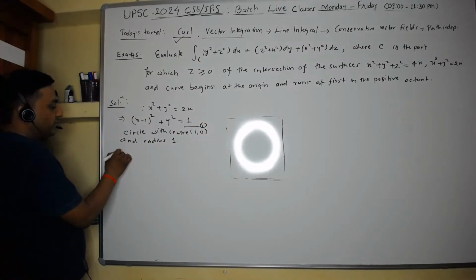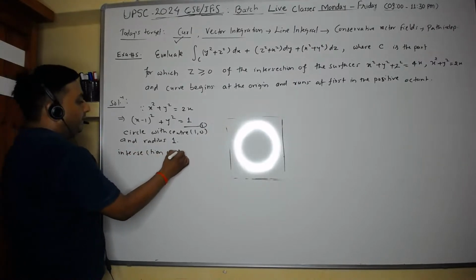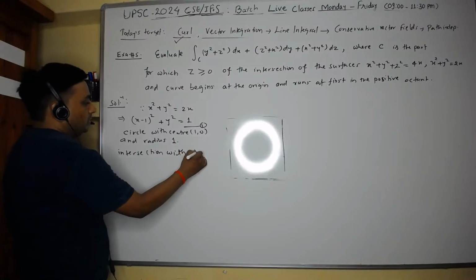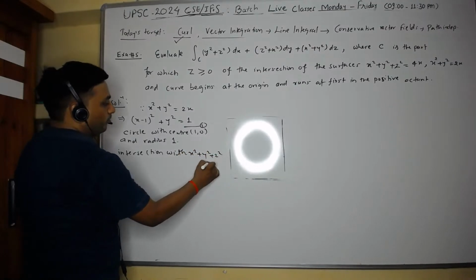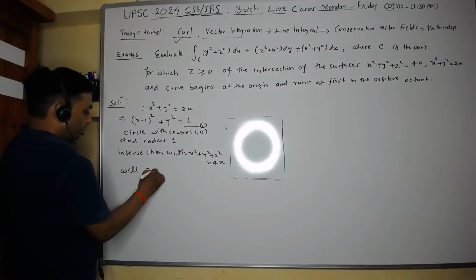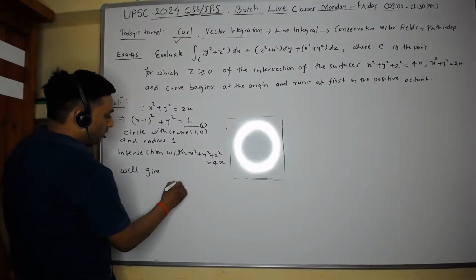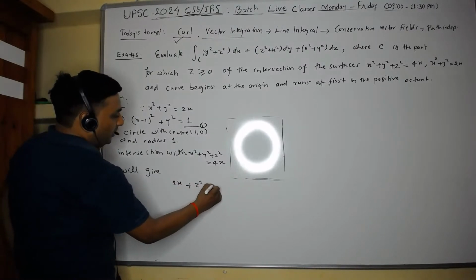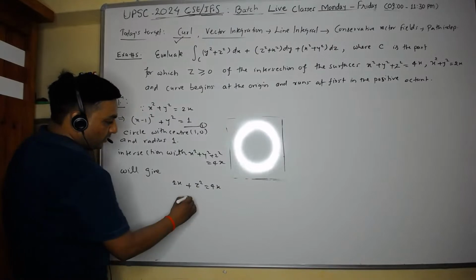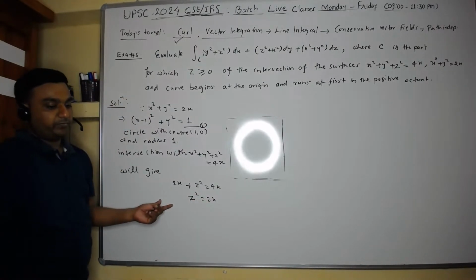Intersection with the second curve, you will get, since x square plus y square is 2x, 2x plus z square equals 4x, so this gives z square equals 2x.